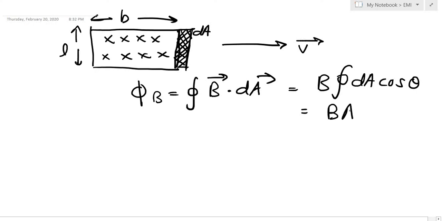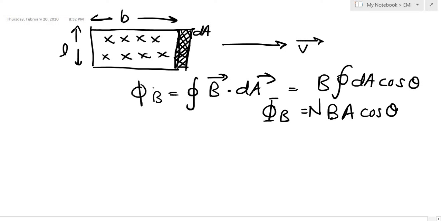So it's basically BA, the total area of that surface, and the cosine of theta. Now you can also add a term for the number of turns, if you have a coil moving or something like that. So essentially, magnetic flux is given by NBA cos theta.